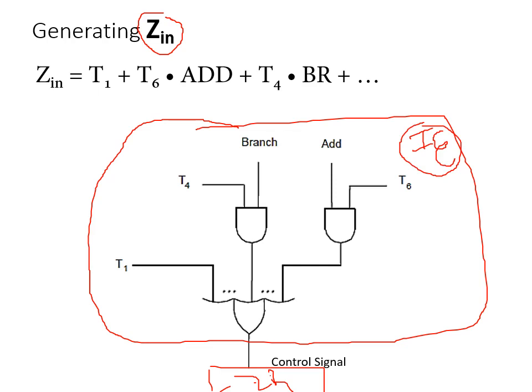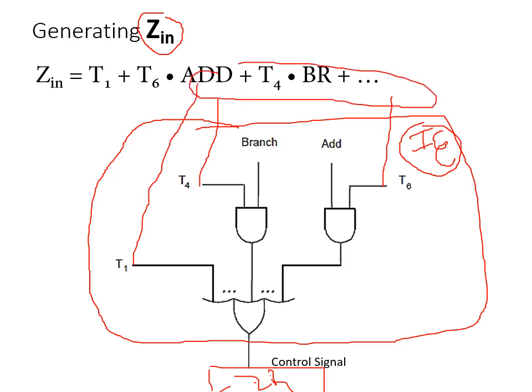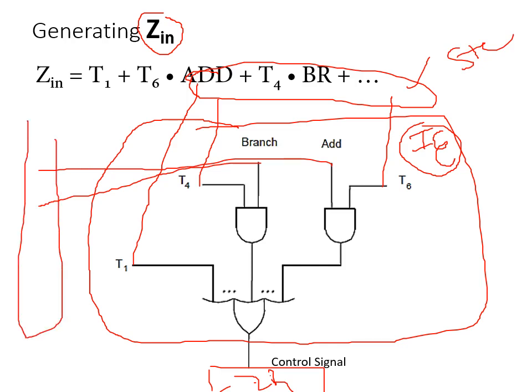So T4, T6 or T1, all these inputs will come from the step decoder. Then this branch and this add or any other instruction signal will come from the instruction decoder on the left. That instruction decoder is connected to the instruction register IR.